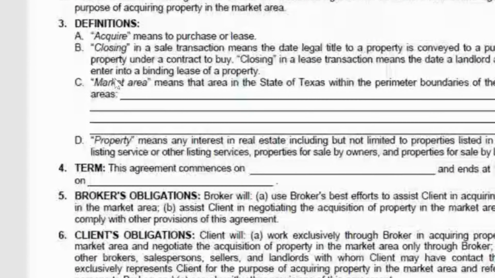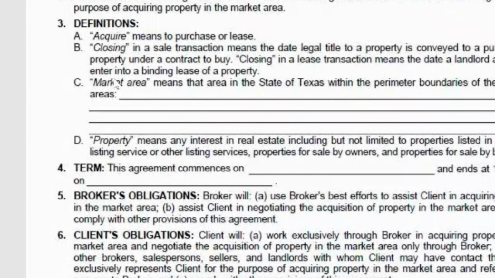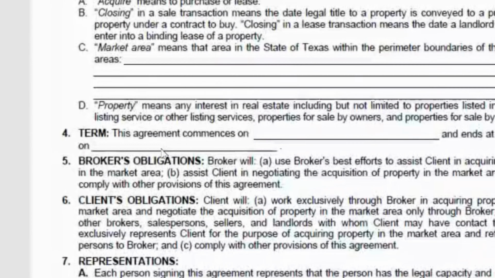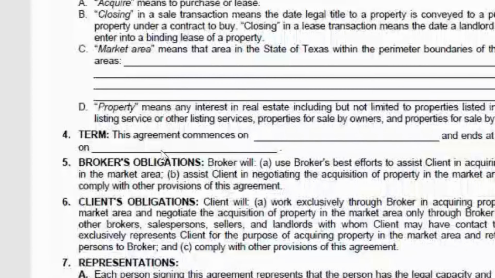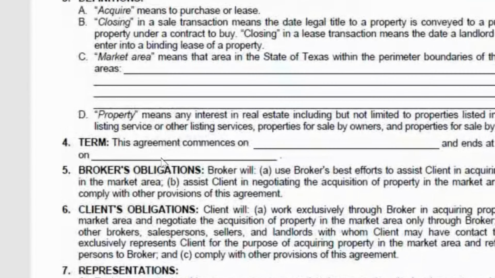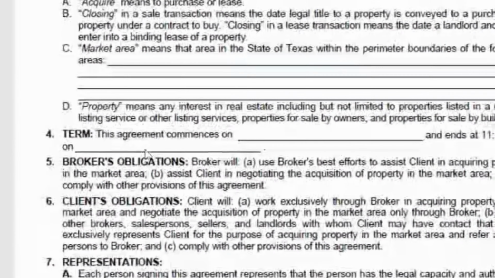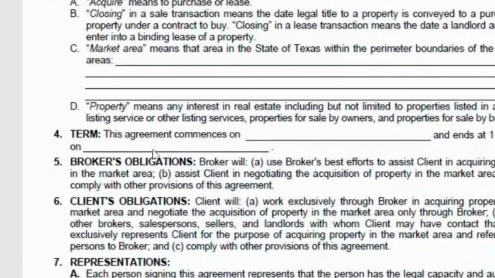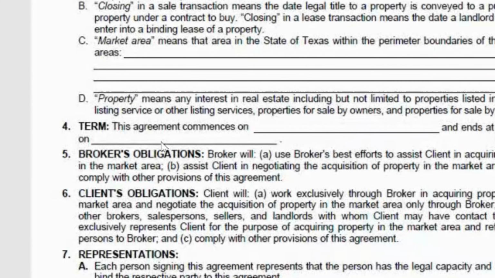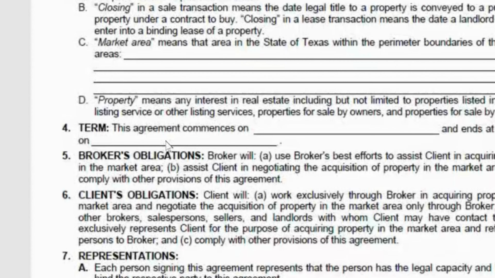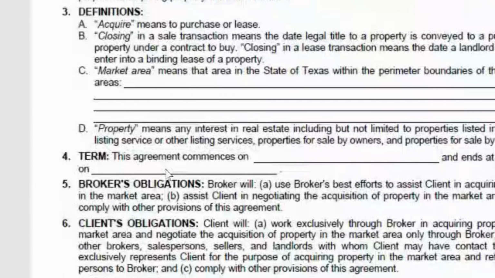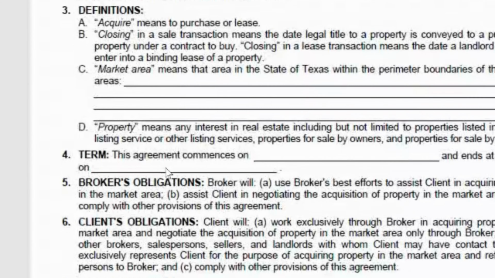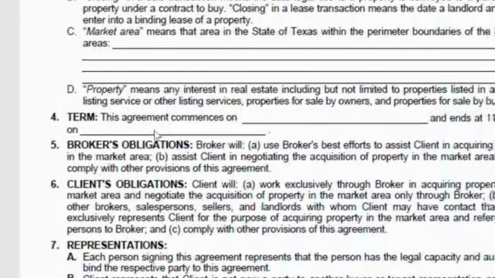Now, one of the key things to pay attention to on the buyer's rep agreement is the terms. In this particular section, the agent is going to put the start date of the agreement, and the agent is going to put the end date of the agreement. A lot of times when you're wondering how long you are in this particular contract with the agent, it's going to spell it out right here.